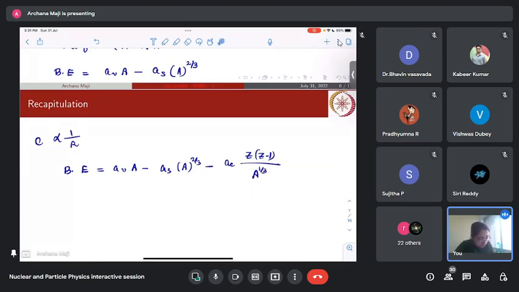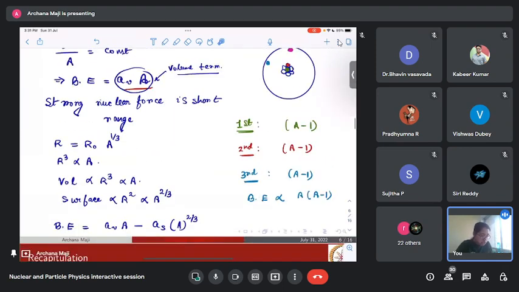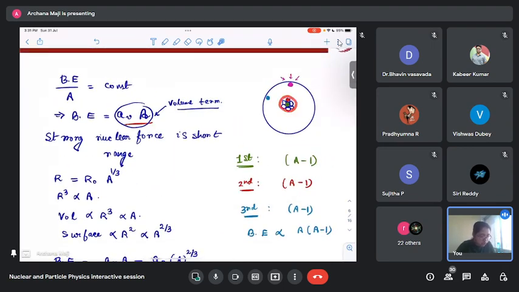This term is also getting subtracted. Why? Because Coulomb repulsion is a repulsive energy between the protons, so that will try to reduce the binding energy, and that will try to make the nucleus unstable.